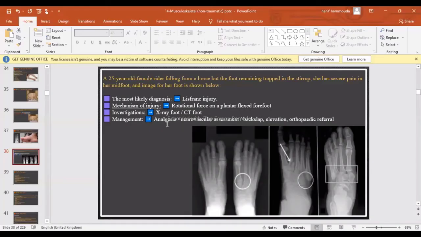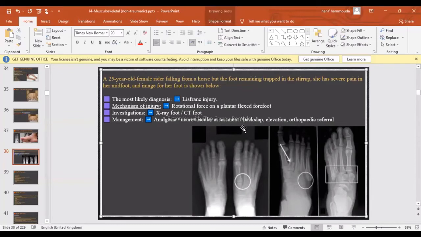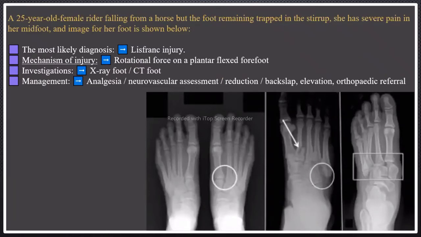So here analgesia, neurovascular assessment, I will add here reduction, whatever fracture or dislocation, okay, and you can continue. So fix this management, please, in any upper or lower body fracture or dislocation.